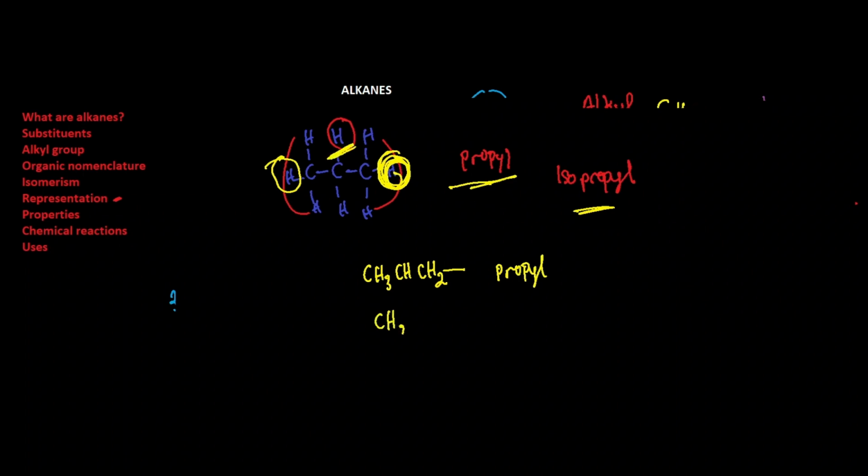However, if we're to eliminate from here such that we have CH3, of course the methyl group or the alkyl group would be attached to the longer chain from here, and then CH3. Now this is isopropyl and not propyl. So this is the idea of isomerism for the alkyl group.